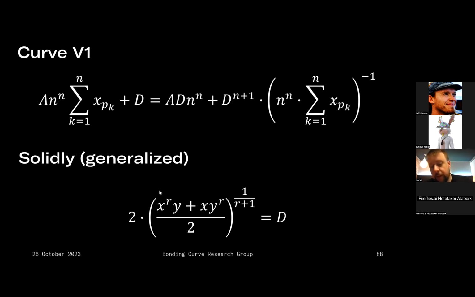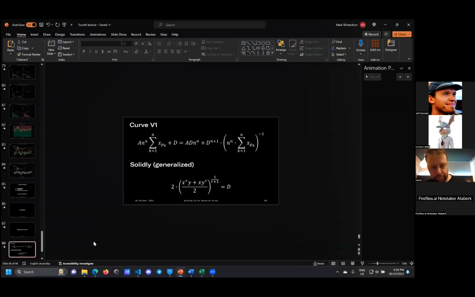And D has the same meaning in the Solidly formula. But again, the way that it is expressed in its own documentation and certainly in its smart contracts, it uses a different variable, but just know that it doesn't really matter. You can convert between the hyperbolic and the constant sum constants without too much issue.